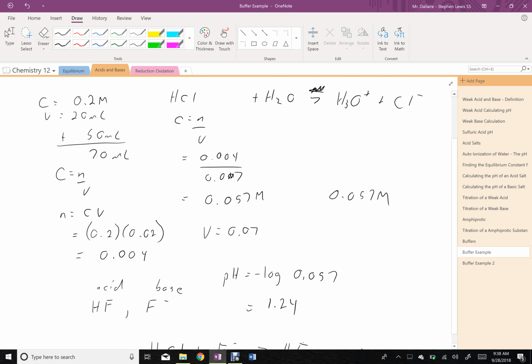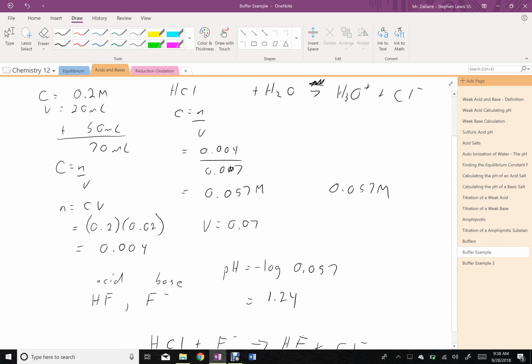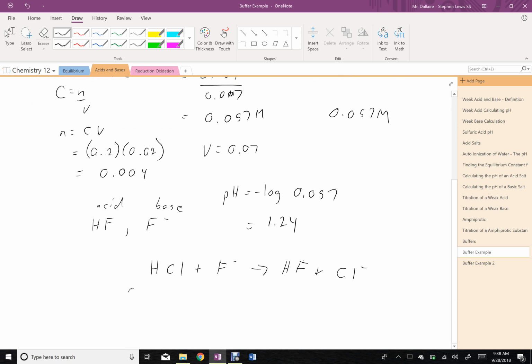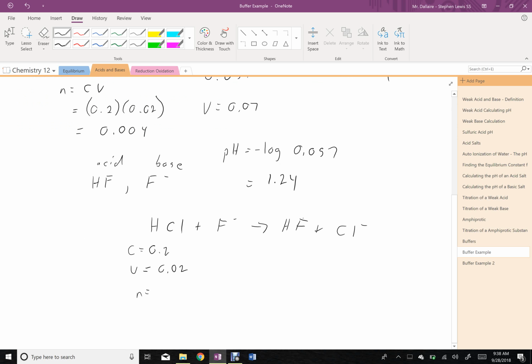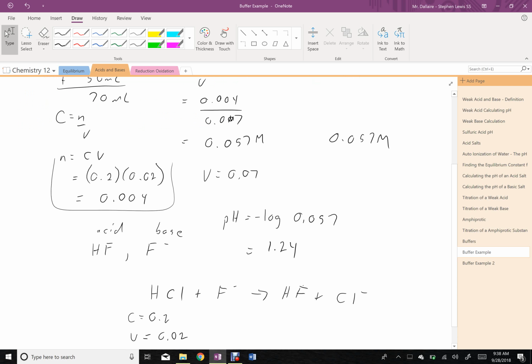So if I have 20 milliliters of 0.2 molar HCl, so C equals 0.2, and I have a volume of 0.02, I'm going to get 0.004 moles of that. We can see that calculation right here. And I have a 50 milliliter 0.2 molar solution of F-.